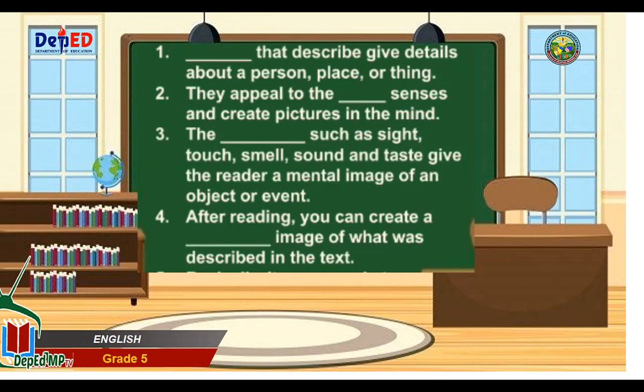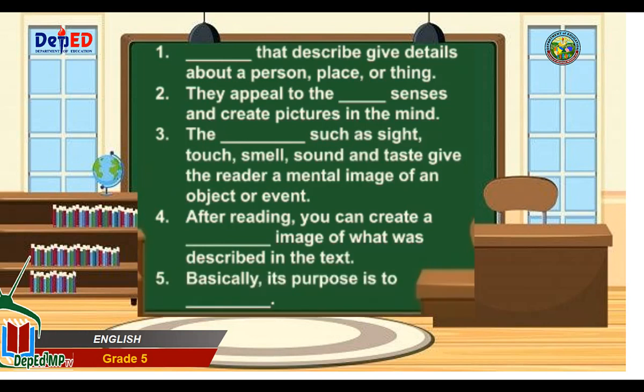Number 2. They appeal to the blank senses and create pictures in the mind. Number 3. The blanks such as sight, touch, smell, sound, and taste give the reader a mental image of an object or event. Number 4. After reading, you can create a blank image of what was described in the text. And number 5, basically, its purpose is to blank.